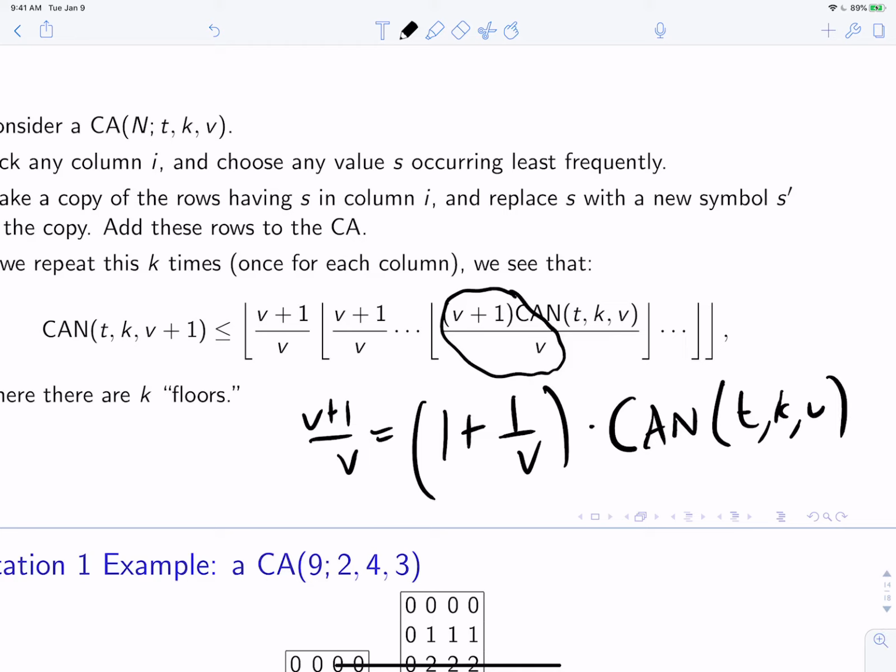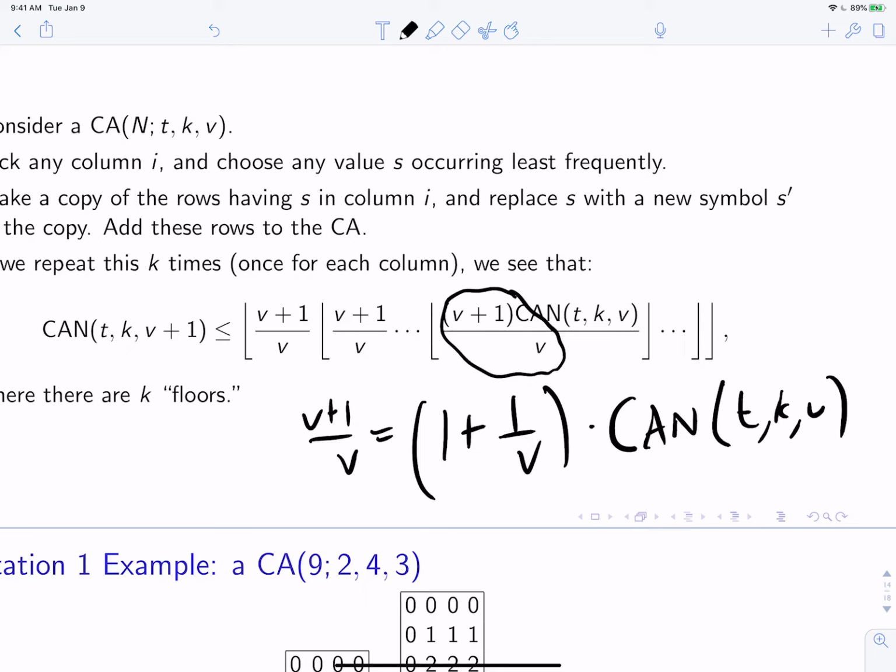And why is that? The basic idea is that you pick a symbol that occurs really infrequently, so it doesn't occur very often. Well, we don't know the structure of the covering array, so what you do is you just note that the average number of times a symbol appears is a 1/v fraction of the time. So if there are 3 symbols, every symbol occurs on average a third of the time.